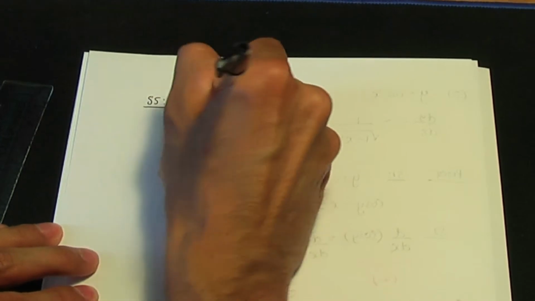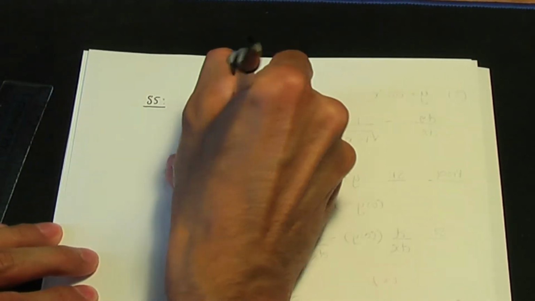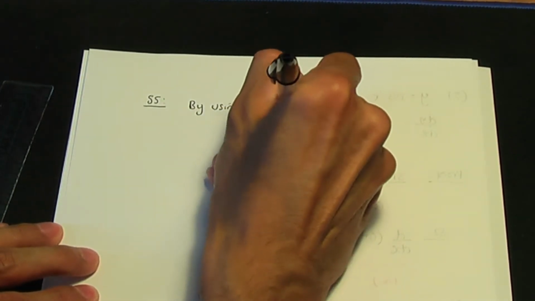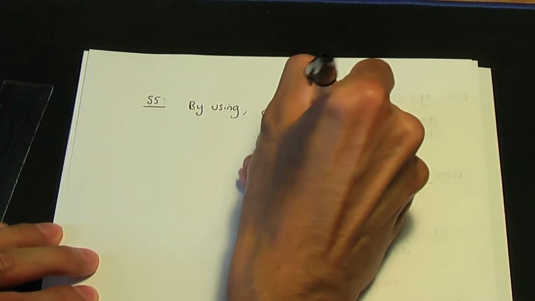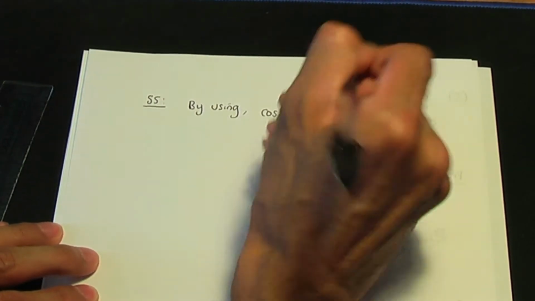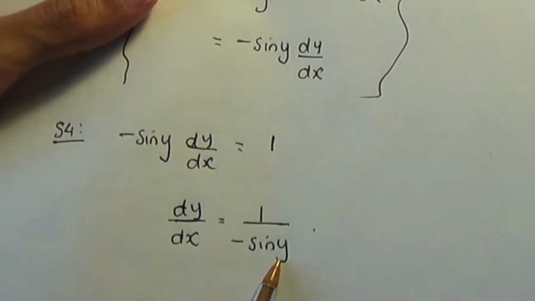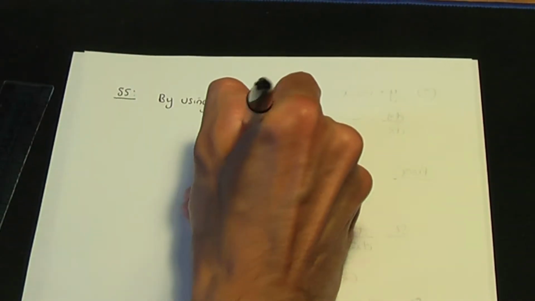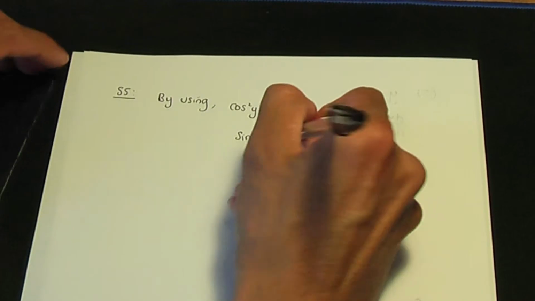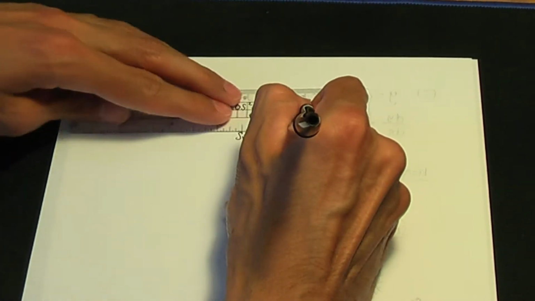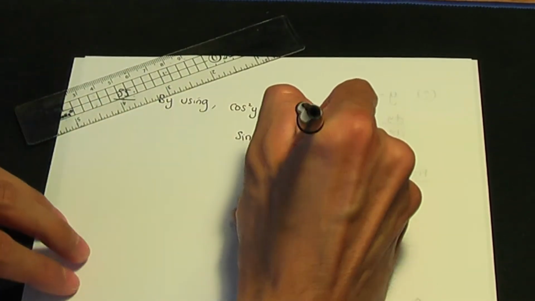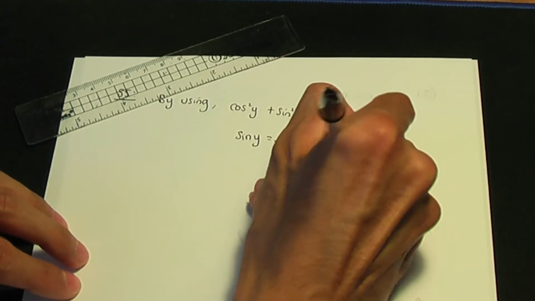The identity for us is the same one as before. We're going to use the Pythagorean identity: cos squared y plus sine squared y is equal to 1. But in this instance we need to rearrange for sine y. If I rearrange for sine y, it will then be the root of 1 minus cos squared y.